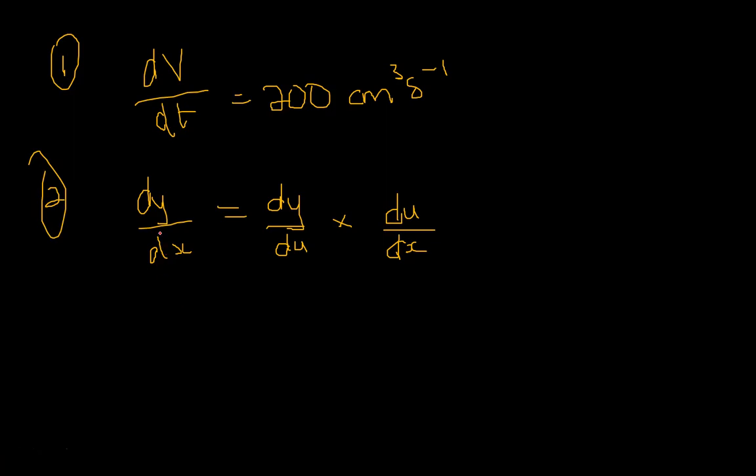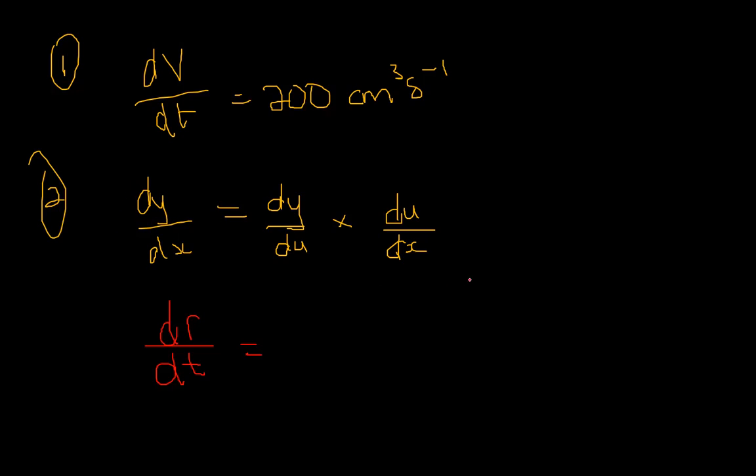Yes, dr on dt. How do I know that? Well, rate of change of r. When I see rate, I know it's on dt. And what quantity did they ask me for? So let's just say it's the radius, right? Let's use r to represent the radius.